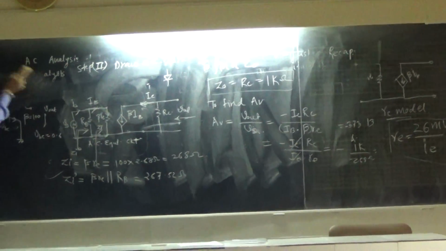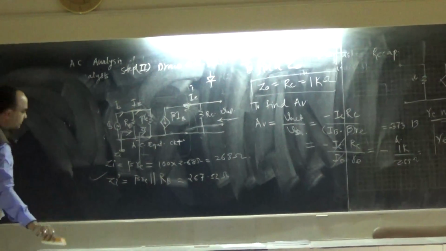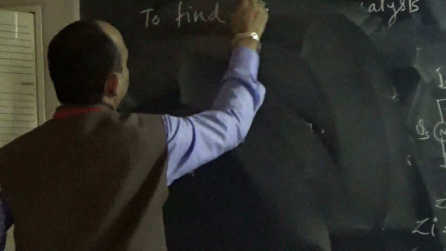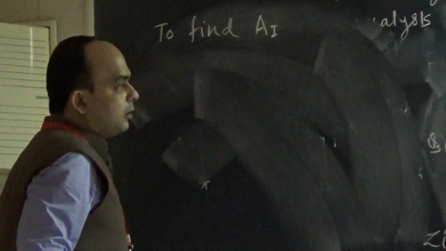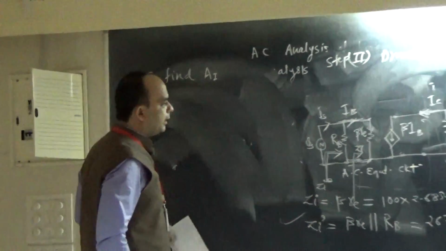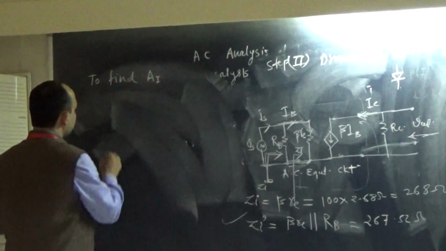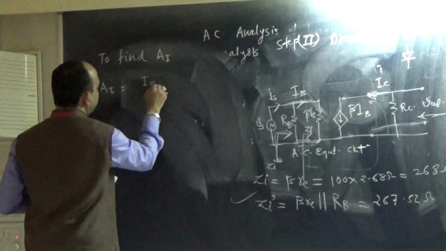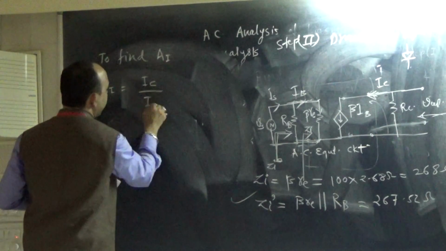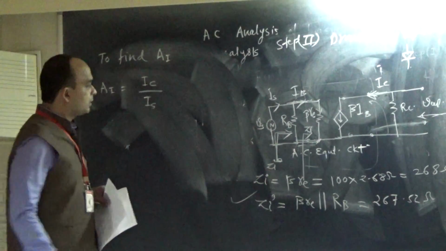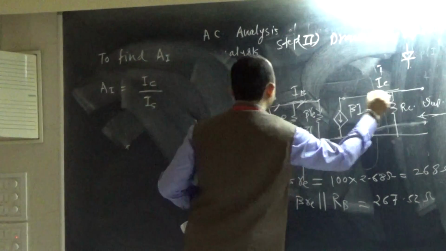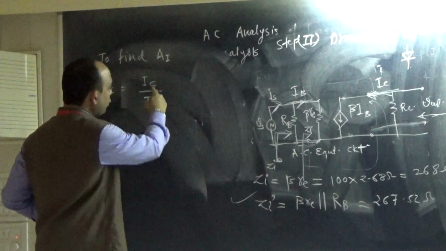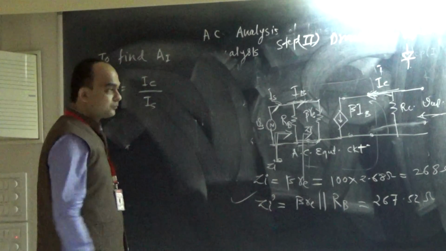The last step is to find AI, the current gain. Can anybody tell me what is the current gain? AI is equal to IC upon IS, output current divided by input current.